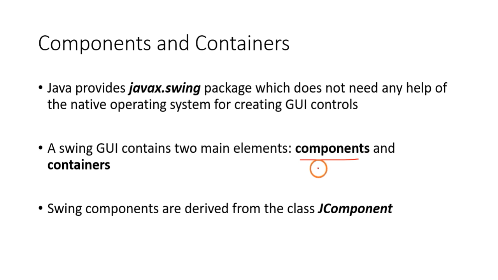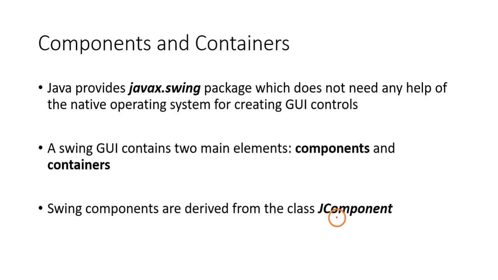You store them in a jar or box, right? That jar or box is an example of a container. Similarly, in a GUI application, you will have different components, like cookies, chocolates, etc., and you will place these components inside containers.